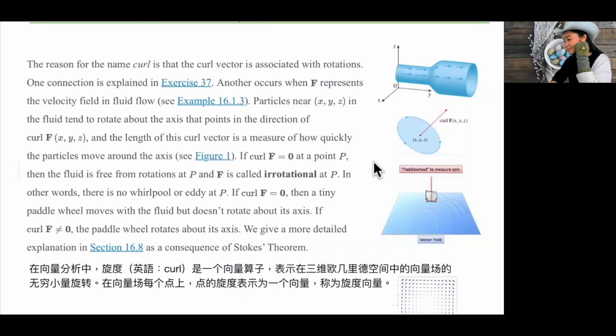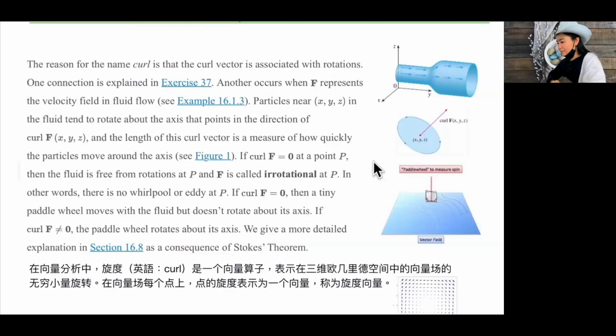Particles near (x, y, z) in the fluid tend to rotate about the axis that points in the direction of the curl of F, and the length of this curl vector is a measure of how quickly the particles move around the axis.